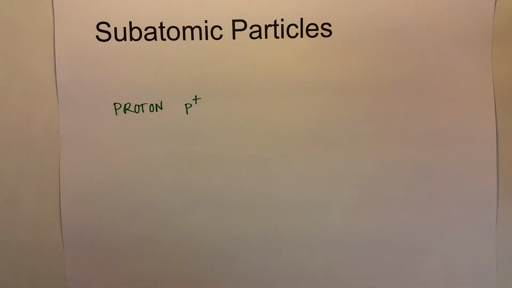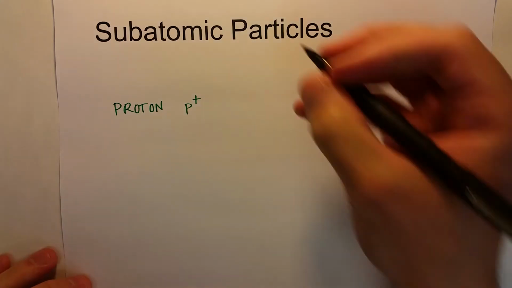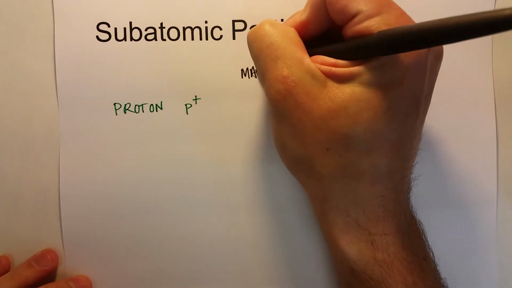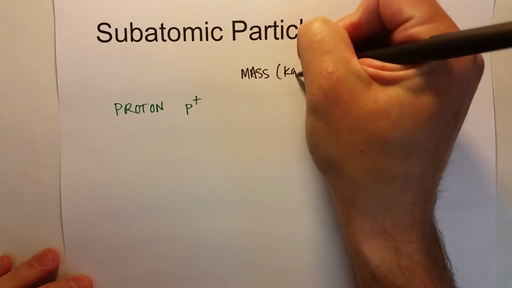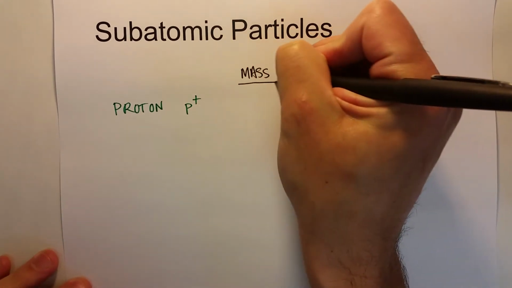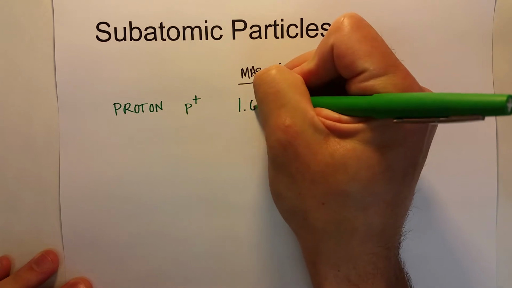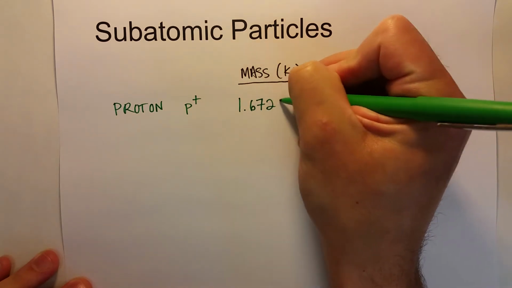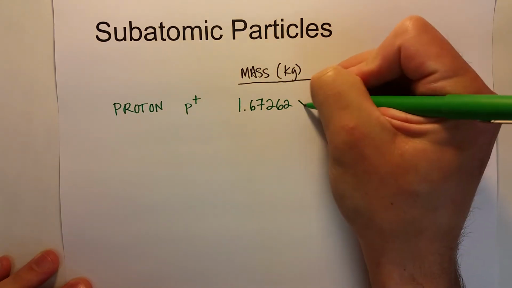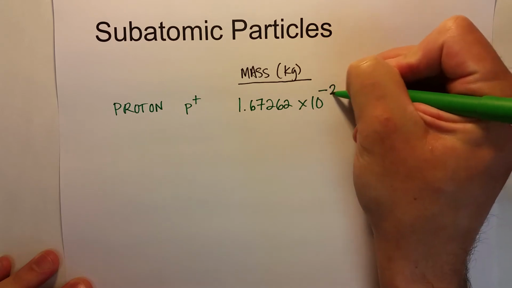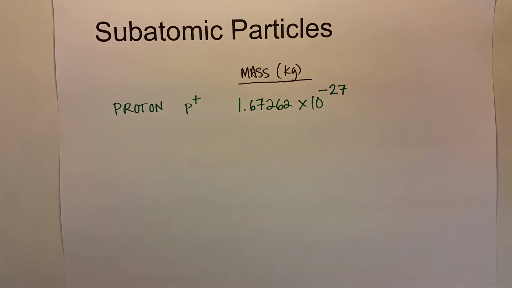One thing we could talk about is the mass. If we look up the mass of a proton in kilograms, we find that it comes in at 1.67262 times 10 to the negative 27th. That is a very small mass, a very small number. That's because the subatomic particles are very, very small indeed, just like atoms.